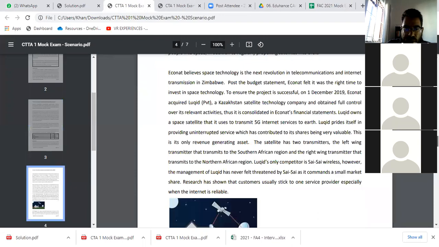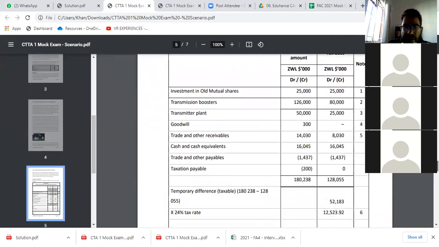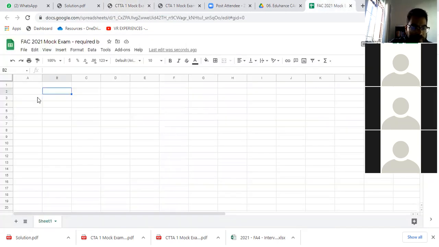For ease of calculation, I just quickly want to put in everything. We're going to have assets and liabilities.